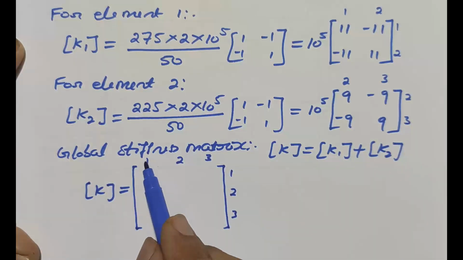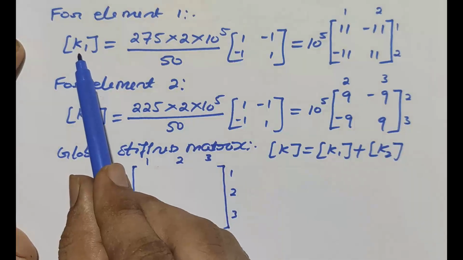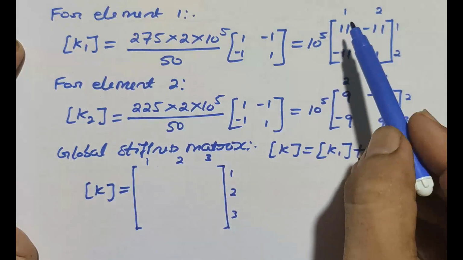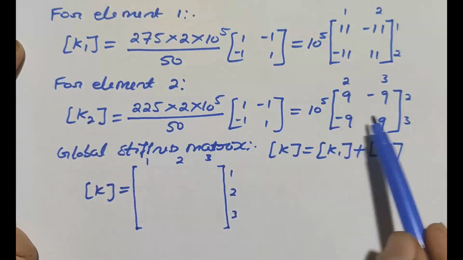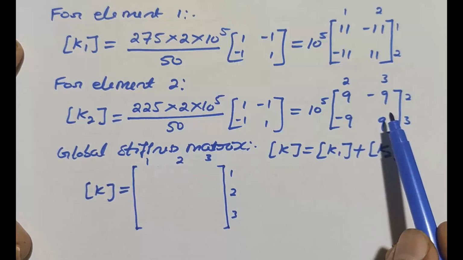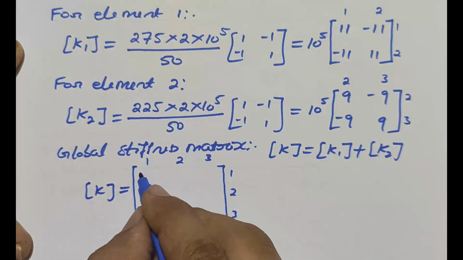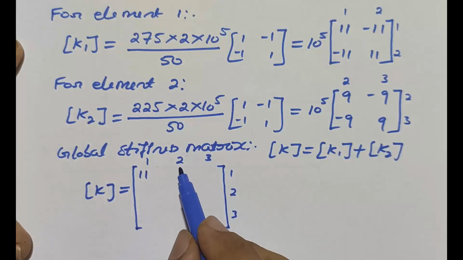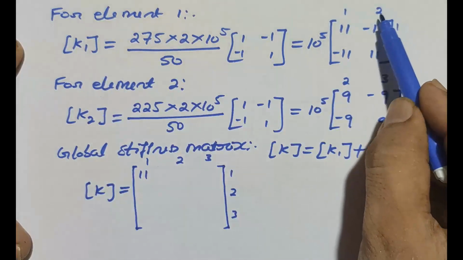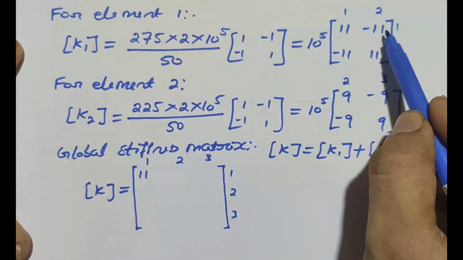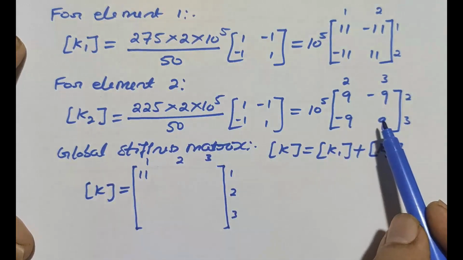See element corresponding to 1 and 1. For that, see the elemental stiffness matrix for first element K1. The element corresponding to 1 and 1 is 11. But here in K2, we don't have any element corresponding to 1 and 1. Therefore, here element corresponding to 1 and 1 will be 11. Next, we need element corresponding to 2 and 1. See K1, here element corresponding to 2 and 1 is minus 11. But in K2, we don't have any element corresponding to 2 and 1.